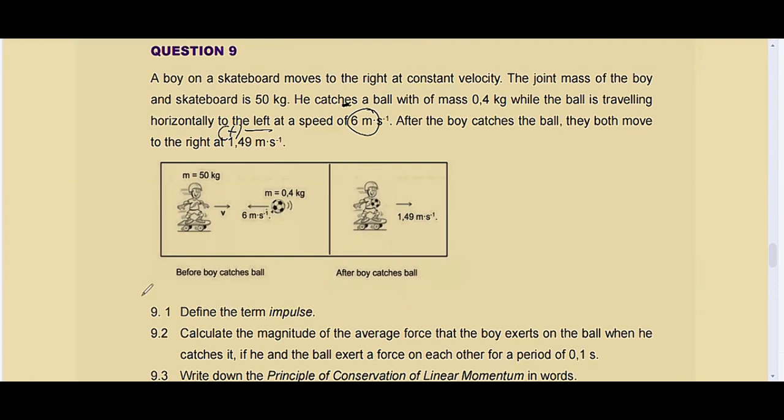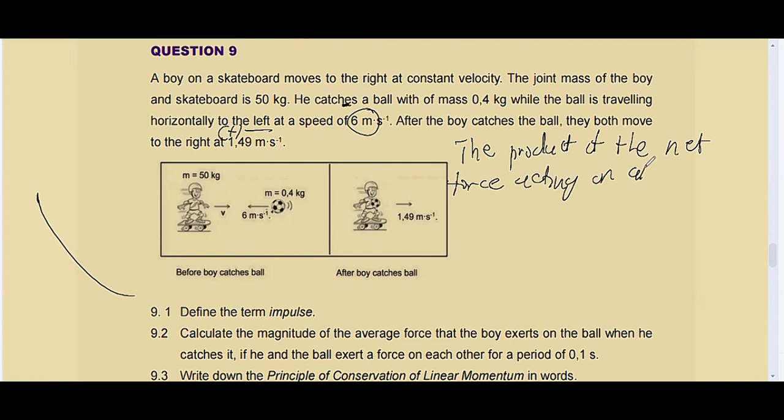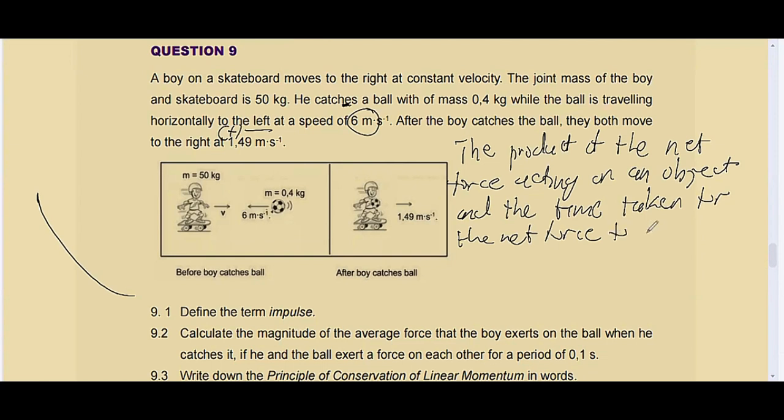We already spoke about that. We said, what is impulse? This is the product of the net force acting on an object and the time taken for the net force to act on the object, right?